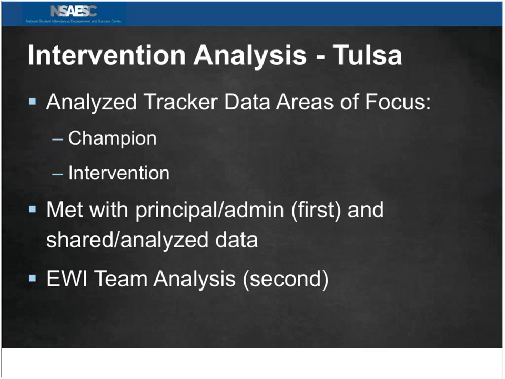And then after that, they met with their early warning indicator team and did another analysis. And it's always good to share with the leadership team and the principal especially what your findings were before you actually disseminate that information throughout the school, just because they want to be in the know and want to understand and be aware of the information that you're sharing with others.